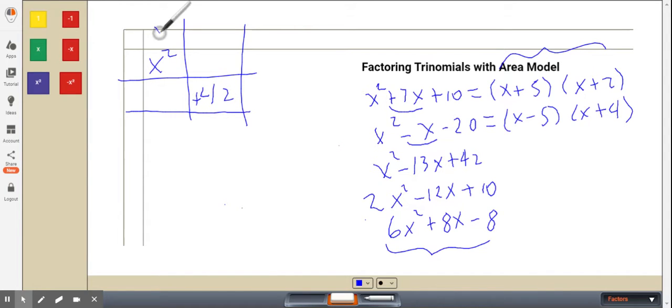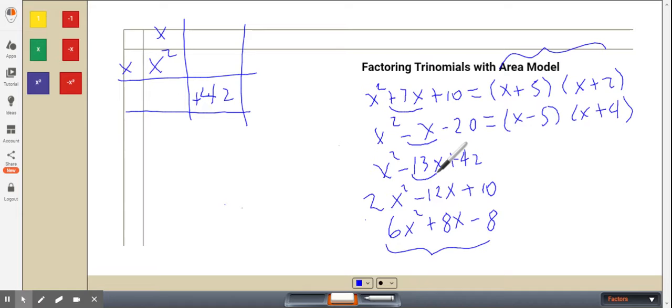I realize that my factoring of x squared is x multiplied by itself. And I also have to analyze that I'm looking for factors of 42 that add up to negative 13. And the number that I'm getting is negative.